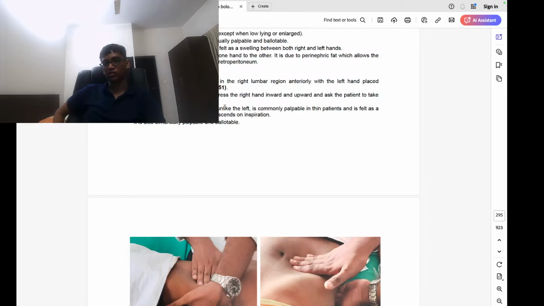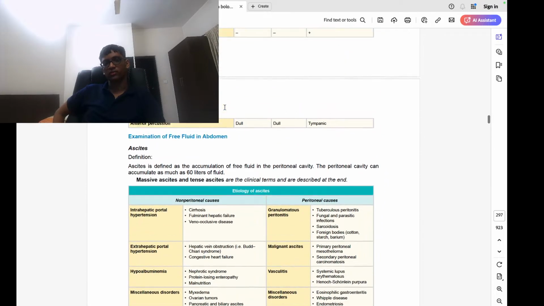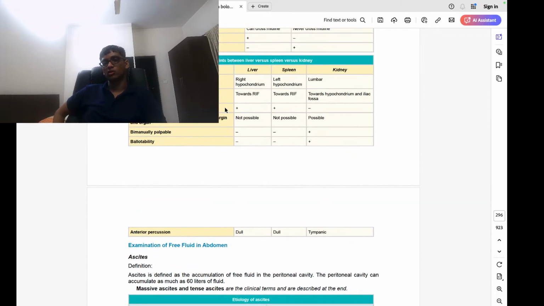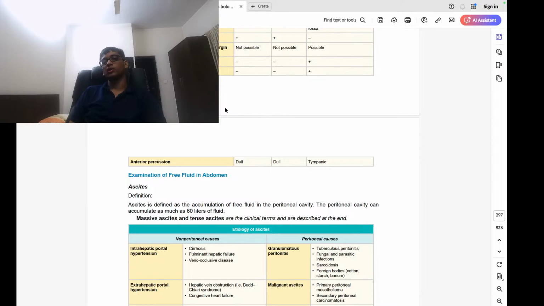This is the only exception. Then ballotability: not ballotable in liver or spleen. You cannot push them between the two hands, but kidney you can push. Anteriorly percussion is dull, and it is tympanic because of the colon in the right iliac fossa.